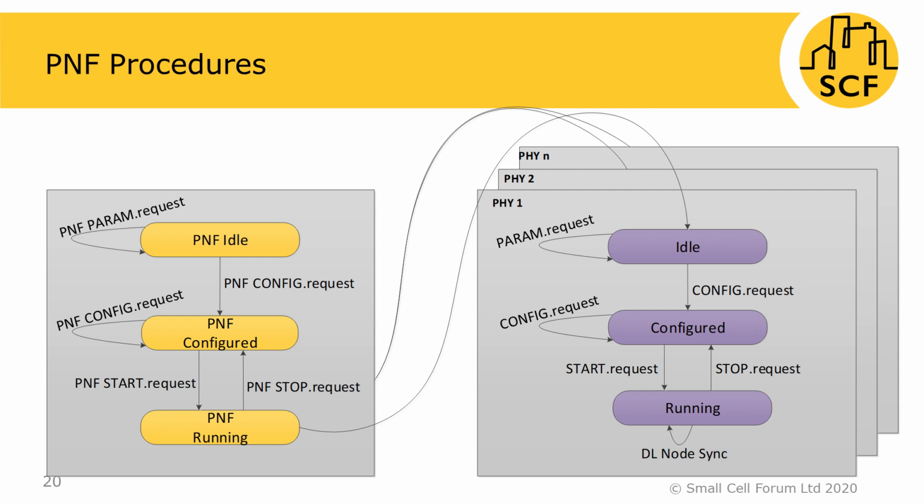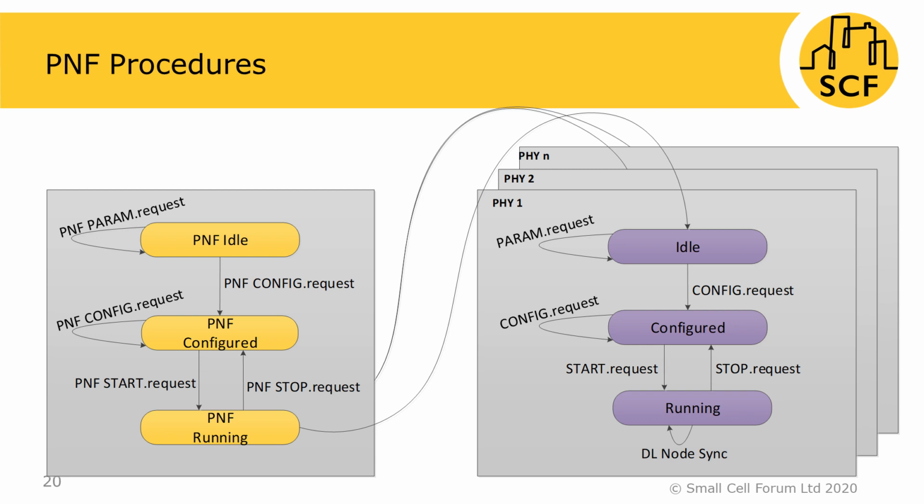There are PNF procedures that have a state machine similar to the PHY state machines in FAPI. The idle, configured, and running states have APIs, and nFAPI APIs that trigger a transition. So from PNF idle to PNF configured, you trigger a transition via PNF_CONFIG.request.